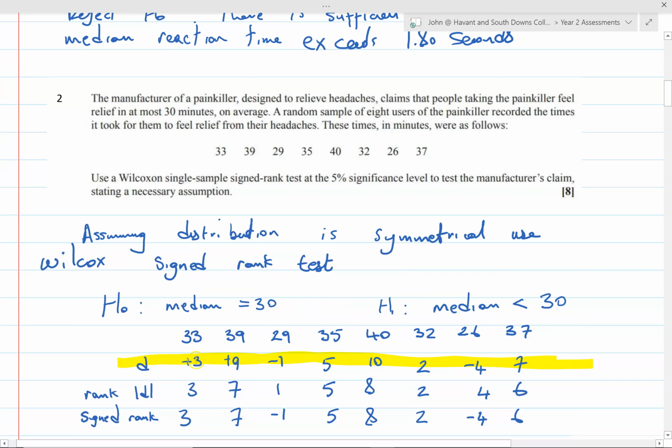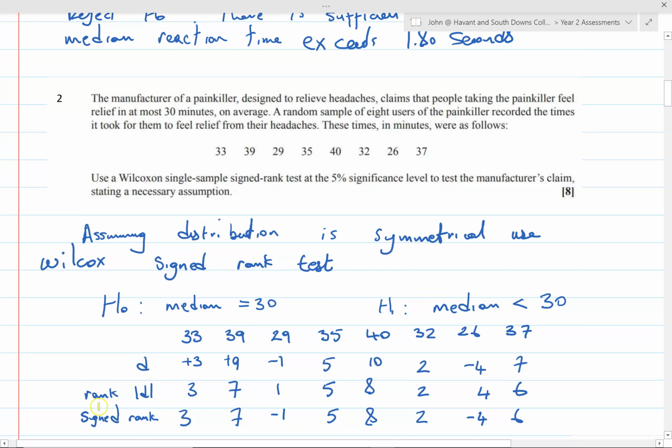So for example, the 3 here is because we've got 3 more than 30, and the 9 here is that we've got 9 more than 30, but we have 29 here because we're 1 less than 30, and so on for the rest of that row. That there is the deviation, the difference from the median.